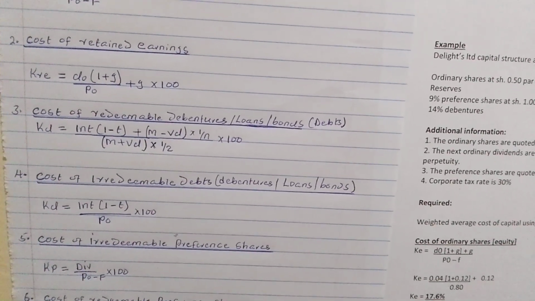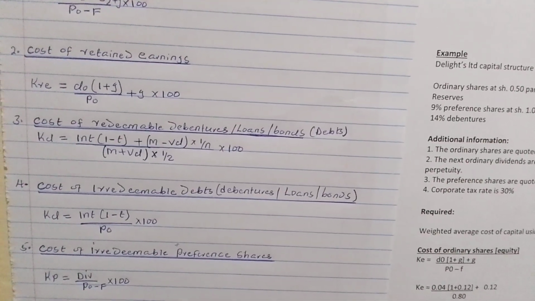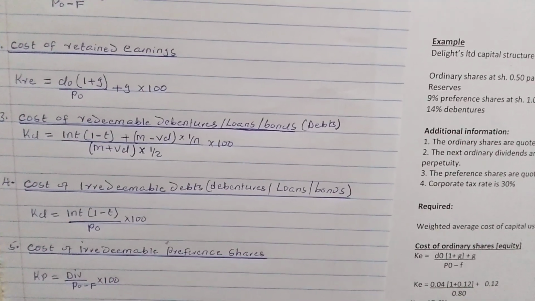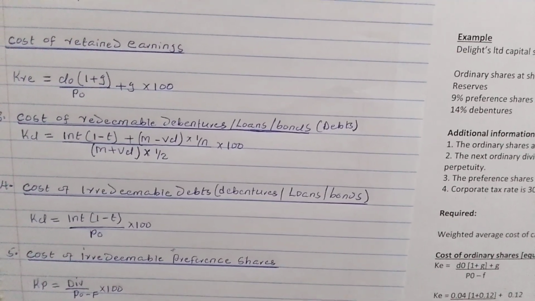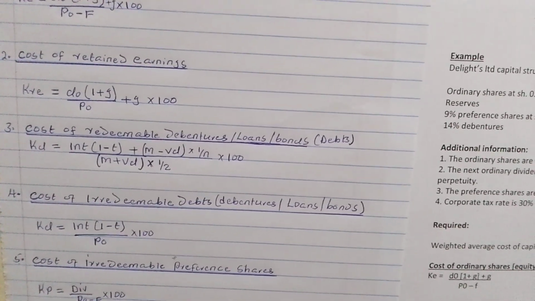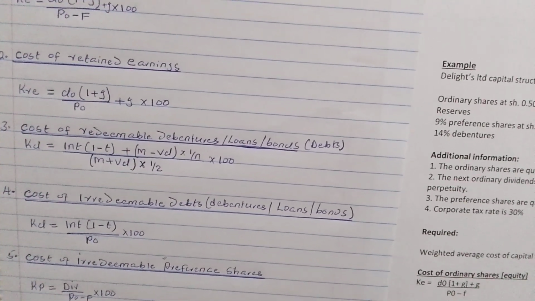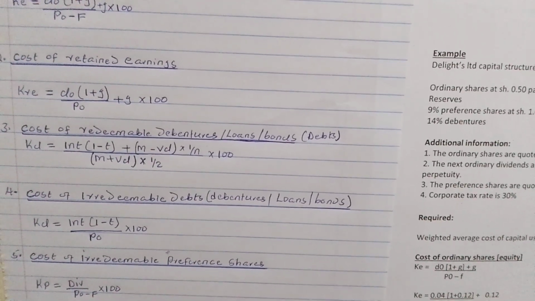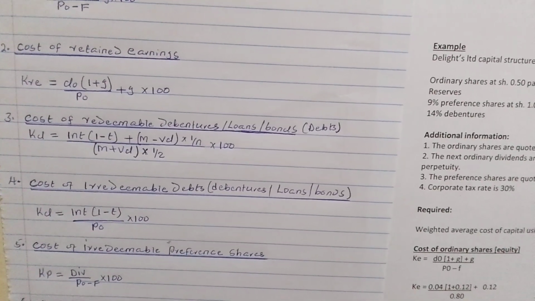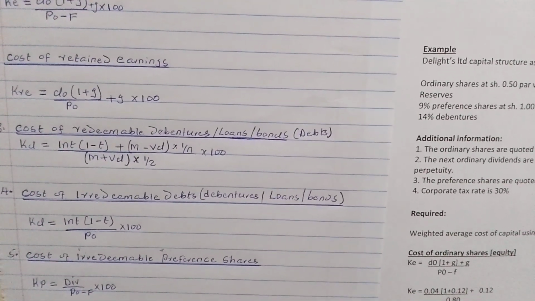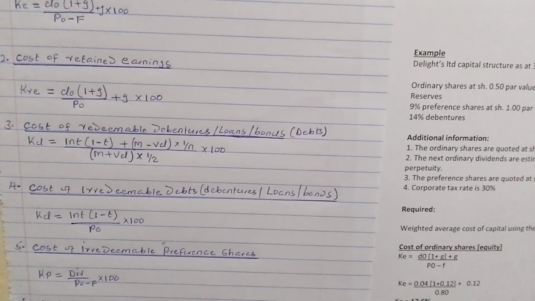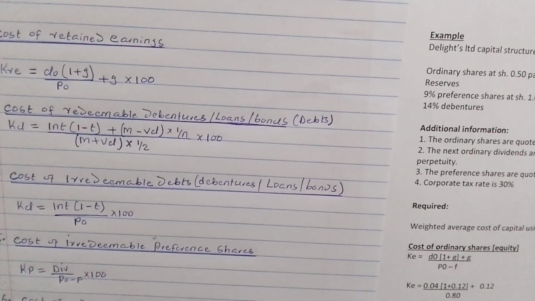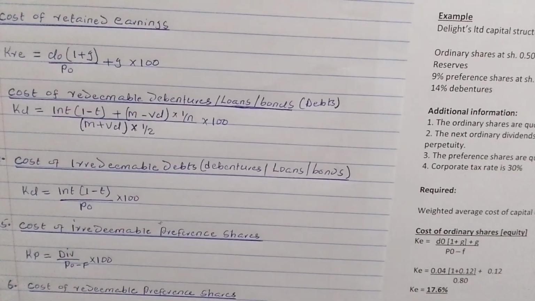Irredeemable preference shares means those shares issued by the company, but the company will not purchase them back in the future. That's preference shares without a maturity period. Under preference shares, again, we have redeemable preference shares. To redeem means to purchase back. So redeemable preference shares are those shares issued by the company, however the company will purchase them back in the future.